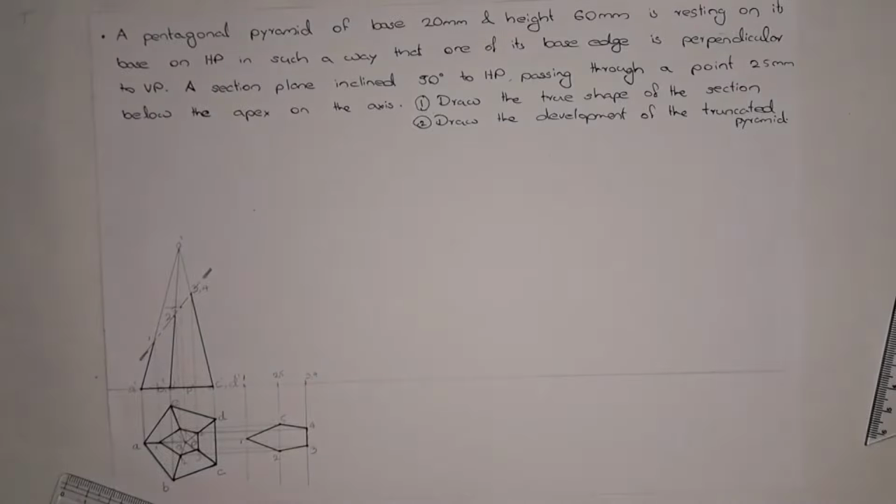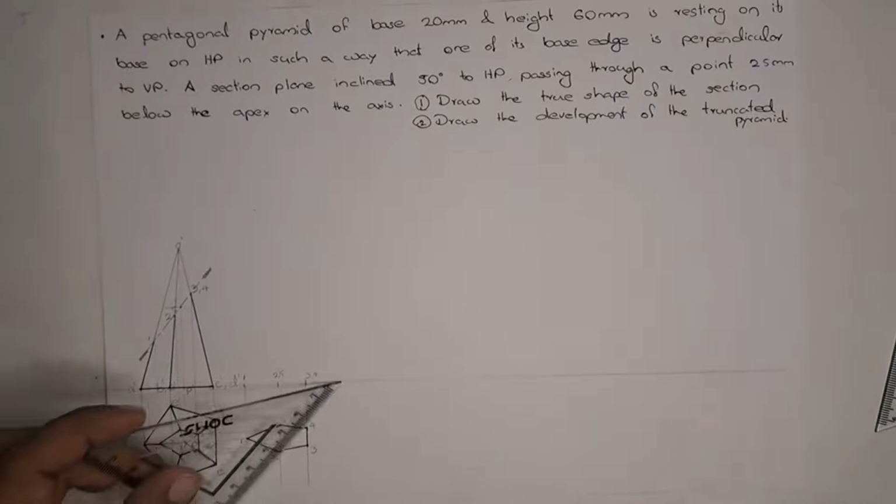So the true shape is drawn. Now we can mark the hatching lines.